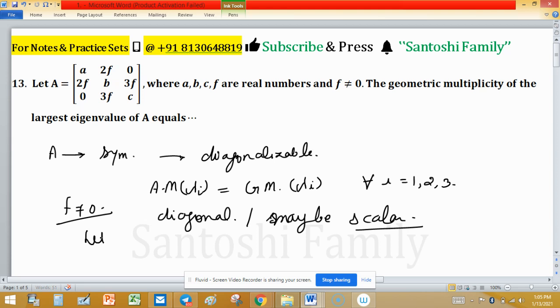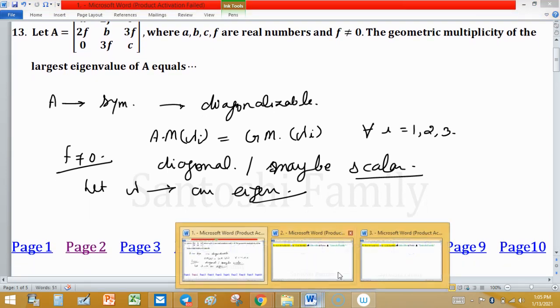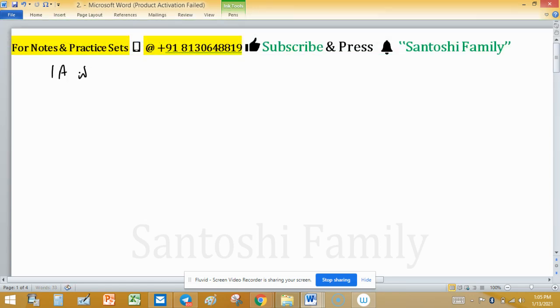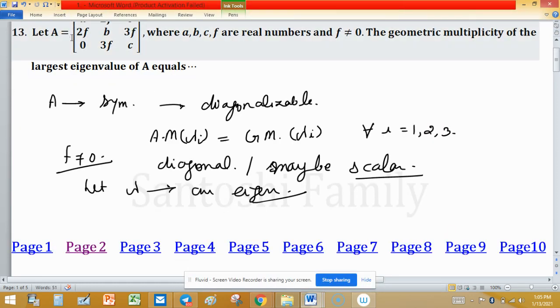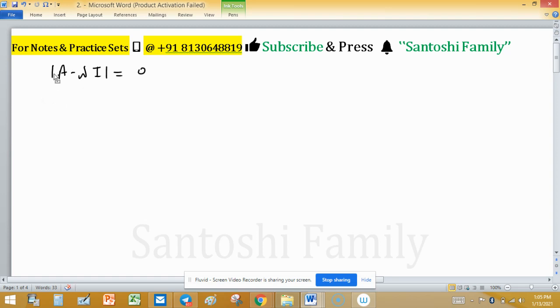Let lambda be an eigenvalue. I'm not saying it is the largest or the lowest. If lambda is an eigenvalue, then the determinant of A minus lambda I equals 0, and A is defined as this.